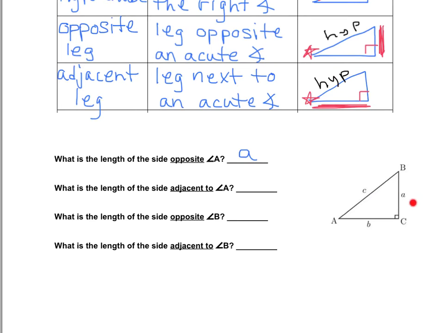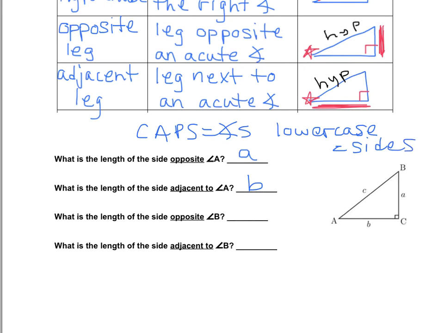The legs are either a or b, and the side that is adjacent to angle A is going to be side b. Notice these are little lowercase letters. Remember to make a distinction: capital letters are angles and lowercase letters are sides. That's an important distinction for us to remember in our notation as we go through the rest of this section and this unit really.